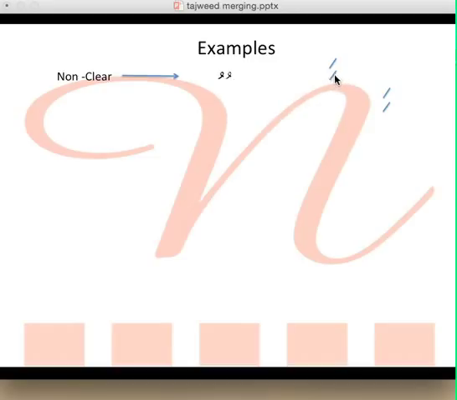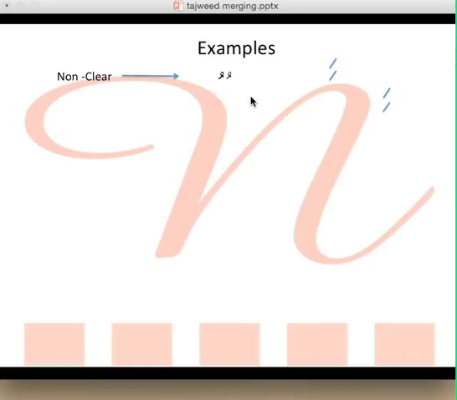The fathatain, you see them like that, parallel but not equal. And here is the same thing for the kasratain. So every time you see this tanween, it means the hukum is not clear. You don't pronounce them clearly, so we have to apply one of those rules of nun sakina.